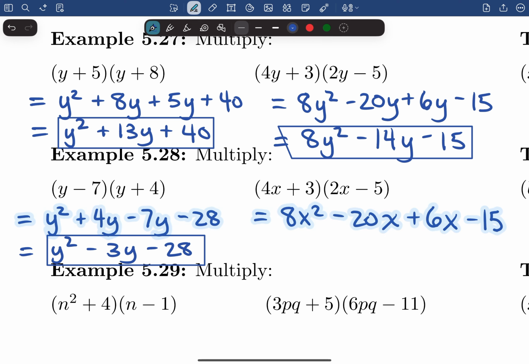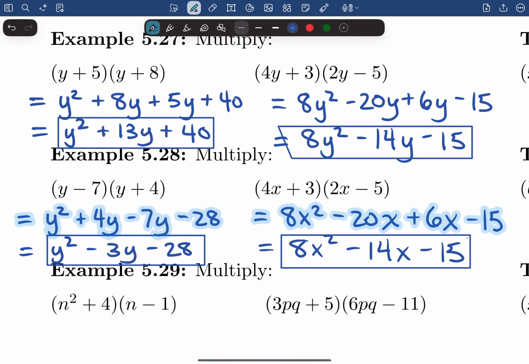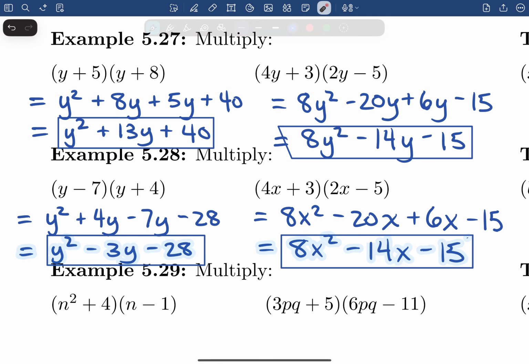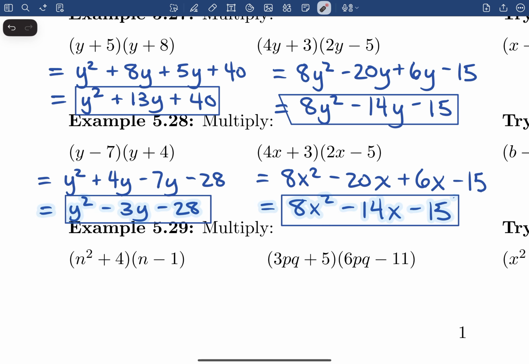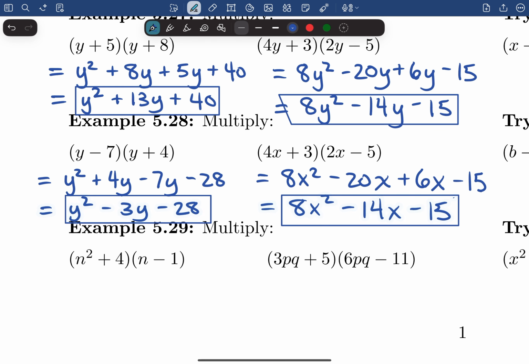Now, all I do is combine like terms, and I notice something. Wait, this is the same thing as the previous problem. Look at this. Except instead of using the variable y, the variable x is being used. And that makes sense. This is the same thing as this, but instead of using the variable y, we're just using the variable x. So variables, it doesn't matter what variable you use, you work out the problem the same way.